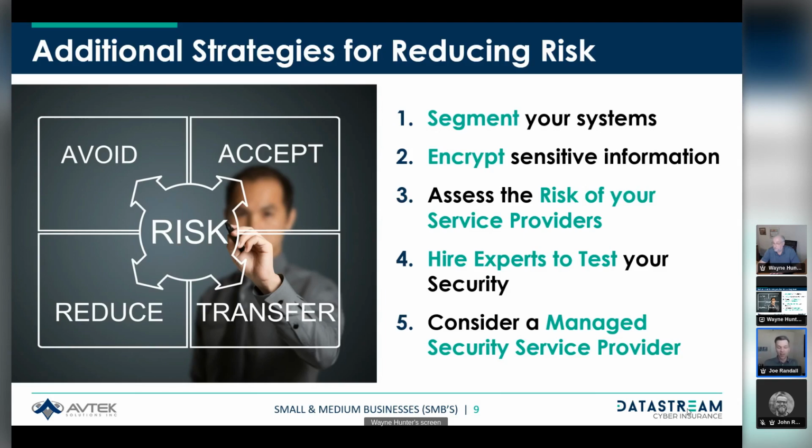Because that's what I see: sometimes internal teams can get into a rhythm, become a little stagnant, and they're doing a great job, I'm sure. But having that third-party, objective voice is invaluable, in my opinion.